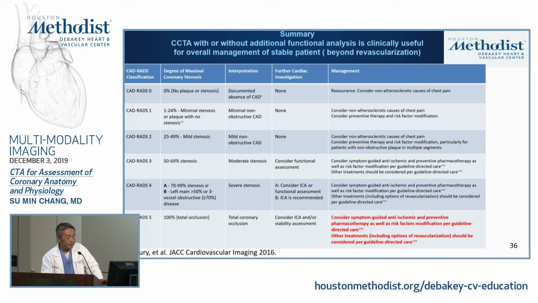Moderate stenosis, depending on the symptom, you might consider functional assessment. If the study quality is good, FFR derived by CT, I believe, is probably enough. You probably don't need to send the patient for a stress test.